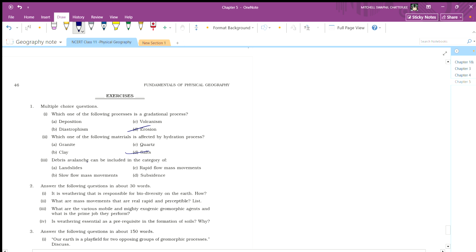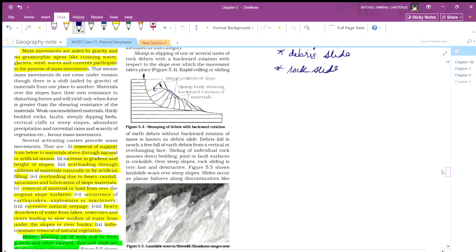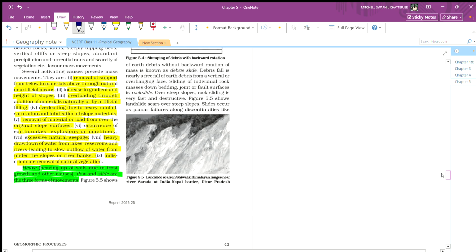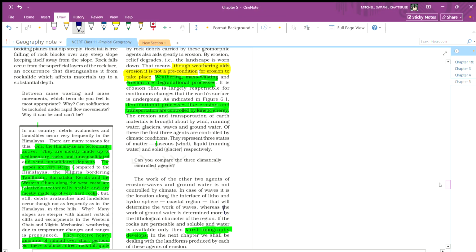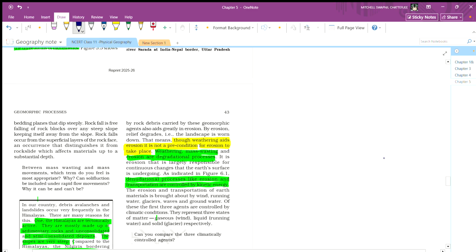Debris avalanches can be included in which category? Rapid flow, mass movement, slow landslide. Rapid flow mass movement, landslides, debris avalanches.